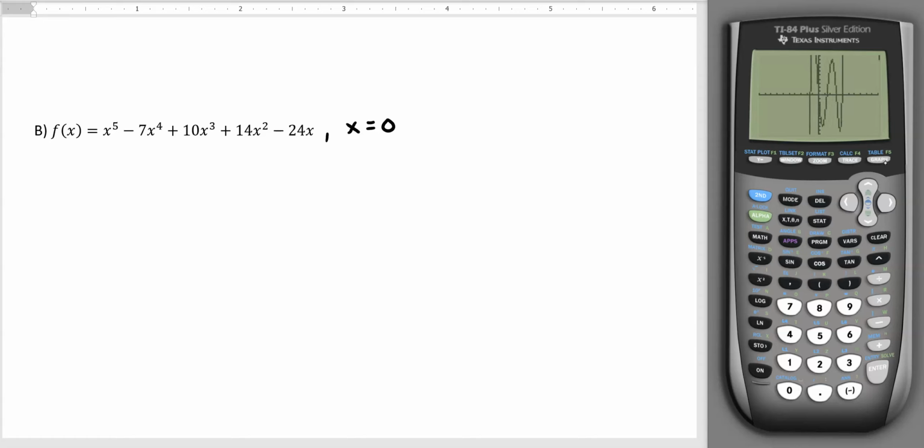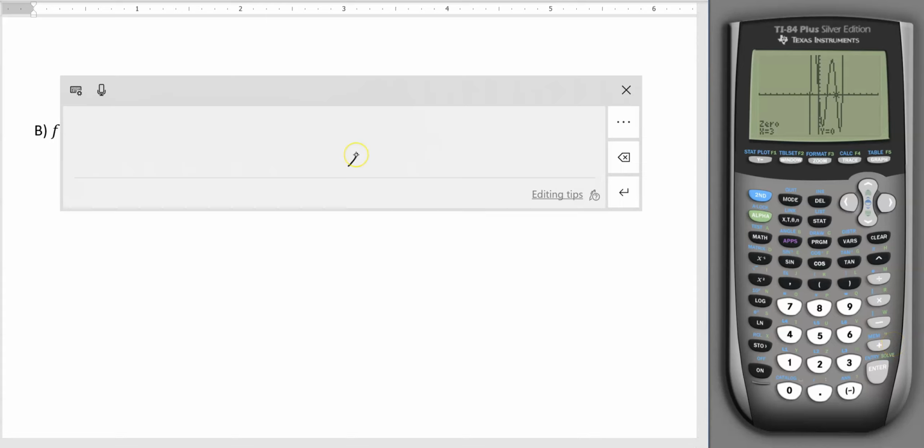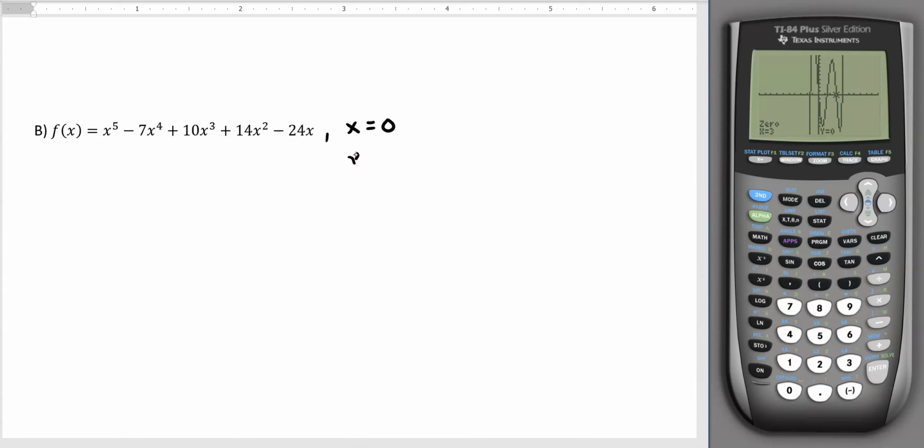Okay, so I see this looks to be 3. 1, 2, 3. Let's figure that out and make sure. I definitely see it cross at 0, but again, that's not helpful with my synthetic division. 3. All right, so let's use x equals 3.